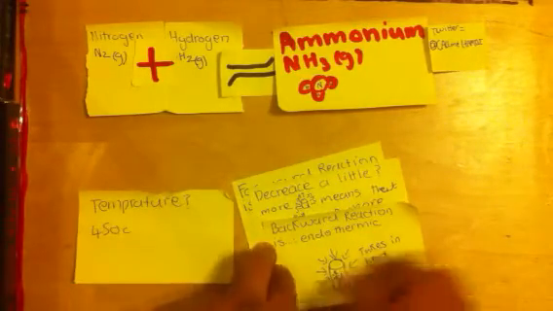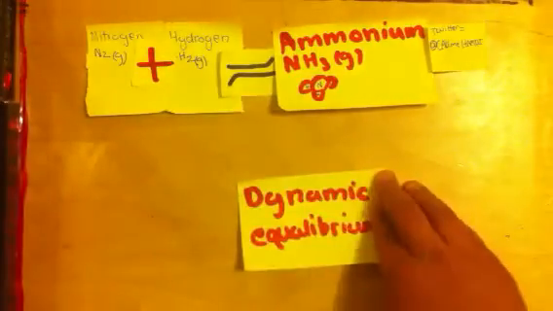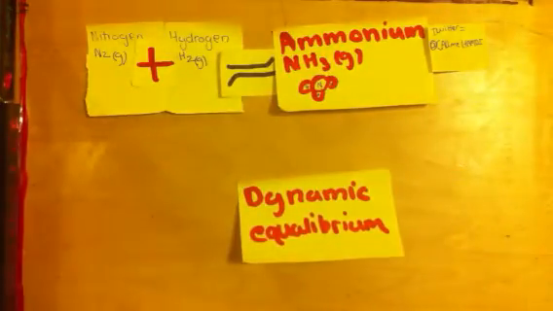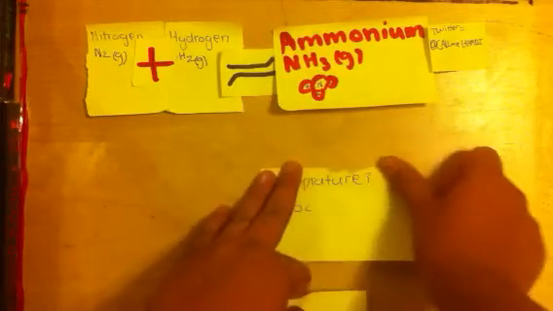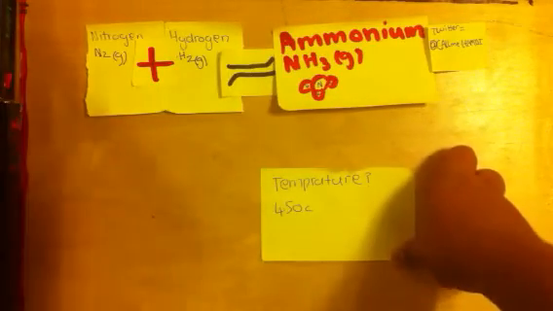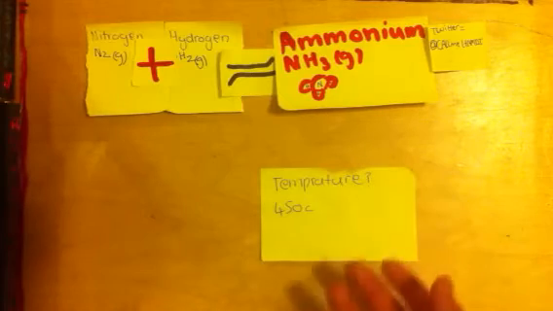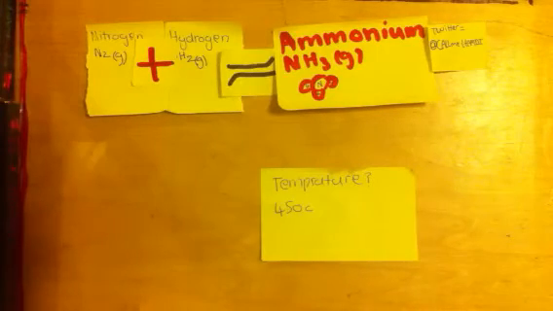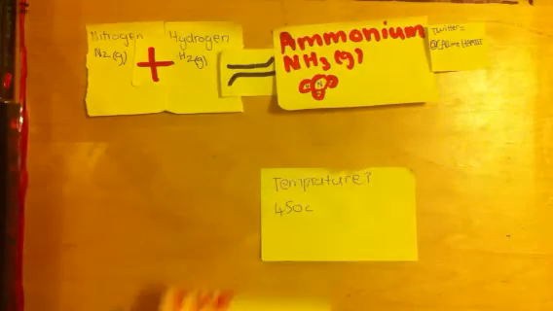And that means we've reached something called a dynamic equilibrium. That means the forward reaction is equal to the backward reaction. And somewhere some genius figured that 450 degrees is the best temperature for the reaction to happen. You don't really need to know why. It is the best temperature for the Haber process.